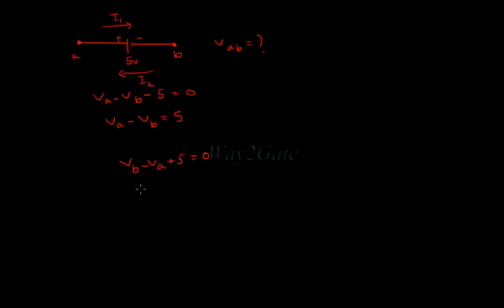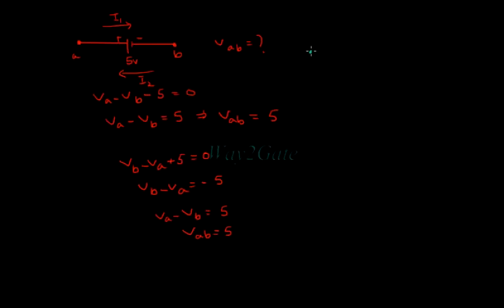Therefore, VB minus VA is equal to minus 5. Multiplying by minus 1 on both sides, we have VA minus VB equal to 5, or VAB is equal to 5 volts.